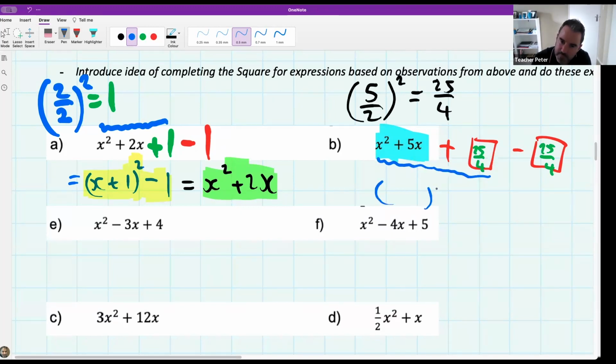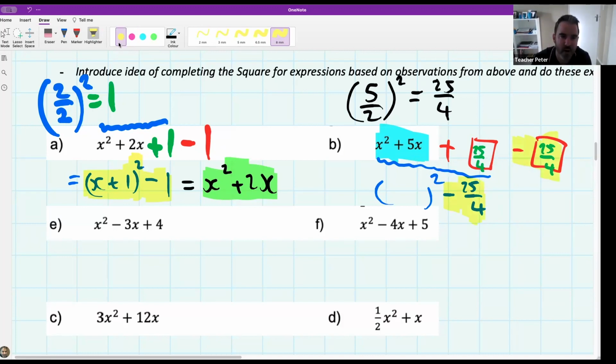So it's going to be something squared, and then it's going to be minus 25 over 4. Give me a thumbs up if you follow how I got the something squared minus, oh wait, sorry, this should be, yeah. So this over here is the same as this over here.